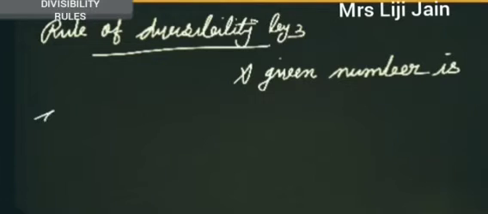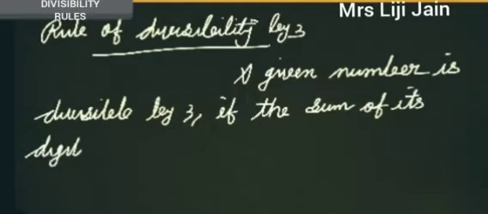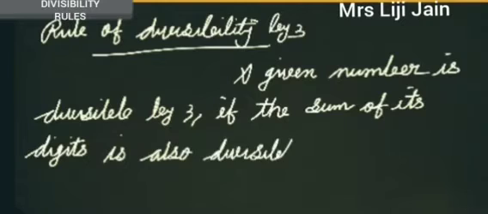A given number is divisible by 3 if the sum of its digits is also divisible by 3, isn't it?